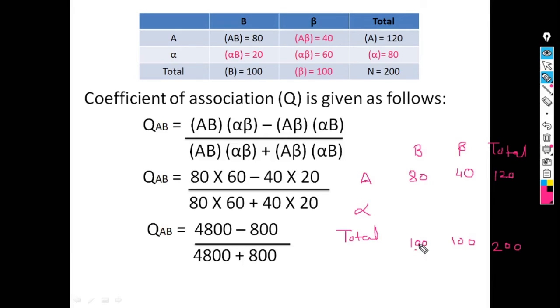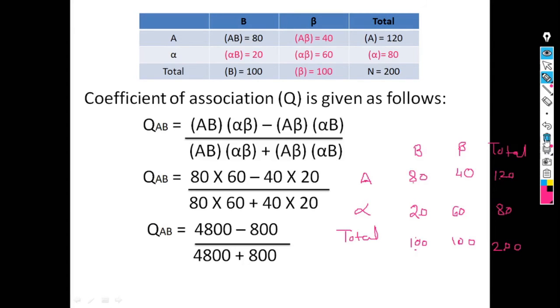Now alpha B is 100 minus 80, which is 20. And alpha beta is 100 minus 40, which is 60. Now alpha is 20 plus 60 is 80, or you can calculate 200 minus 120, that is also equal to 80. So in this way we can find our missing frequency.